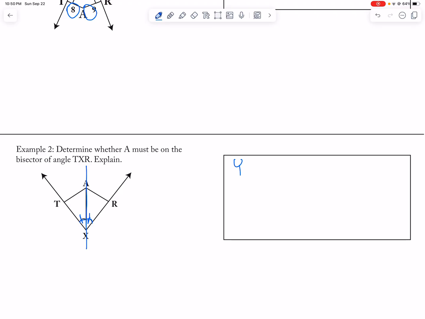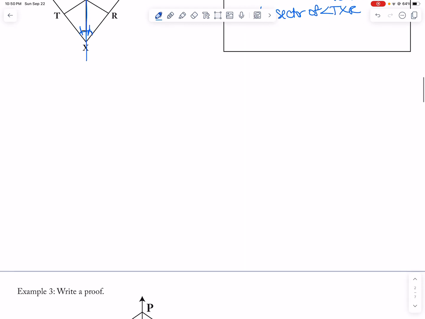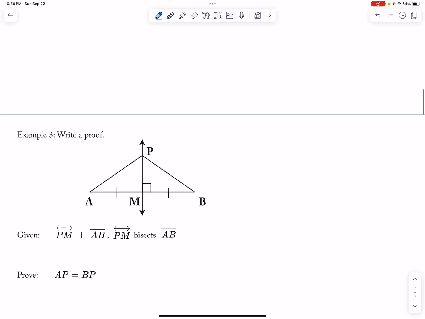So yes, the markings show XA is the bisector of angle TXR.